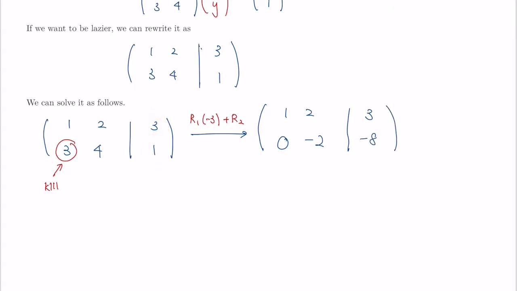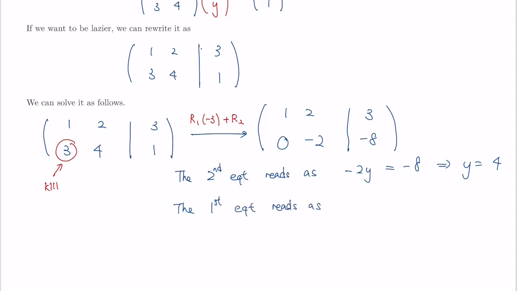Then, after you do this, you realize that the second equation reads as, okay, so what does this mean? It means minus 2y equal to minus 8, so y equals 4. Okay? And after you solve y, you can solve x because the first equation reads as, if you look at the first equation, that means that x plus 2y equals 3.